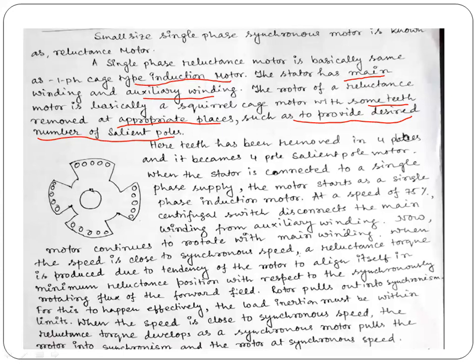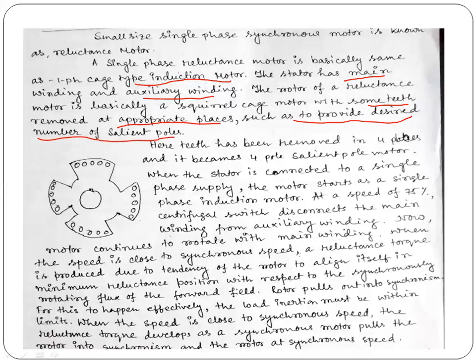Here, teeth have been removed in 4 places, and it becomes a 4-pole salient pole motor. When the stator is connected to a single phase supply, the motor starts as a single phase induction motor. At a speed of 75%, the centrifugal switch disconnects the auxiliary winding from the main winding. Now the motor continues to rotate with the main winding.